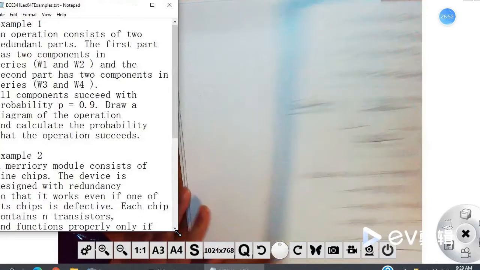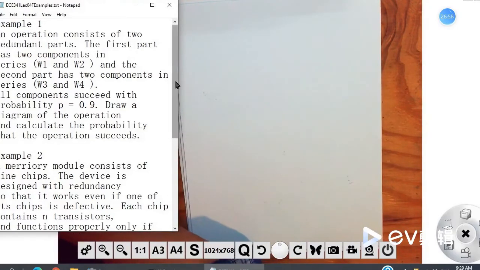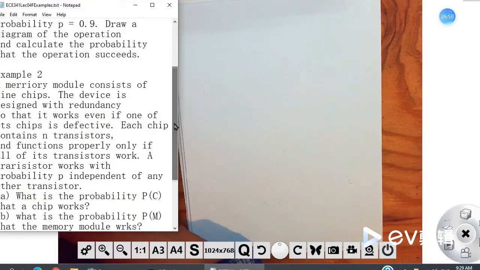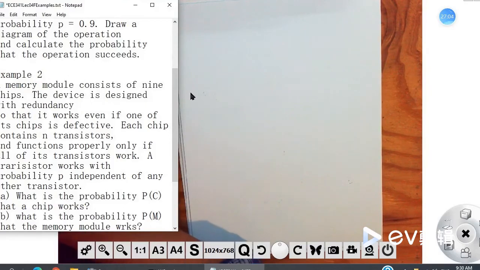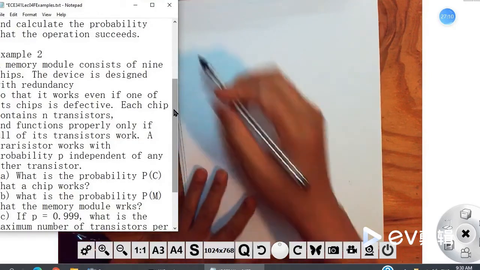We can also check another example. I have two examples. This is a memory, M. The memory model consists of 9 chips.